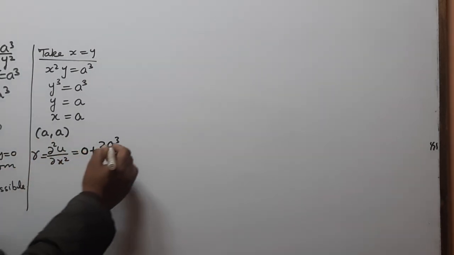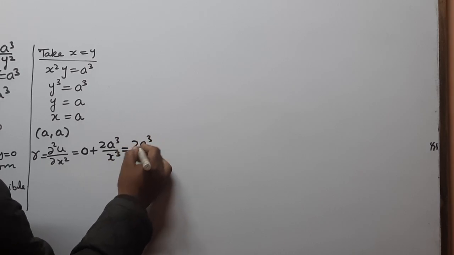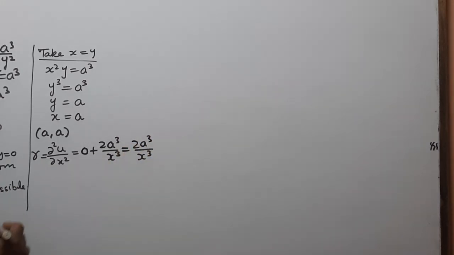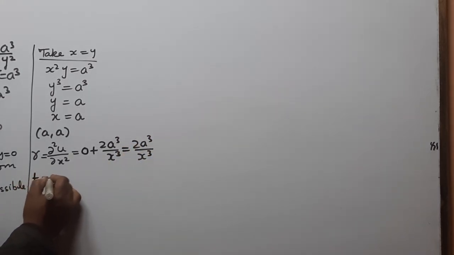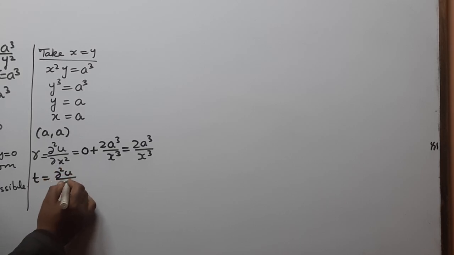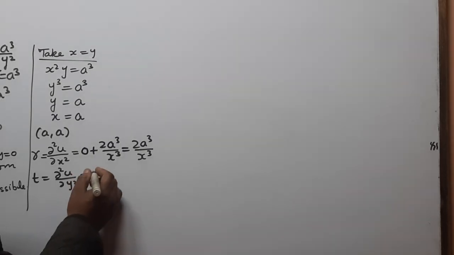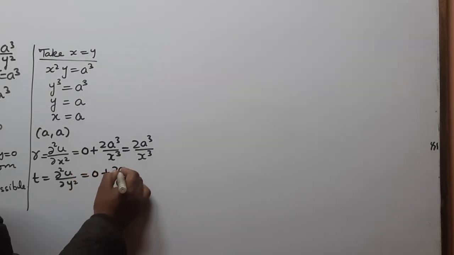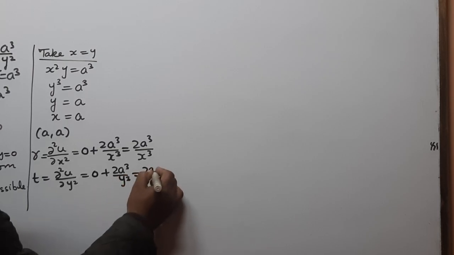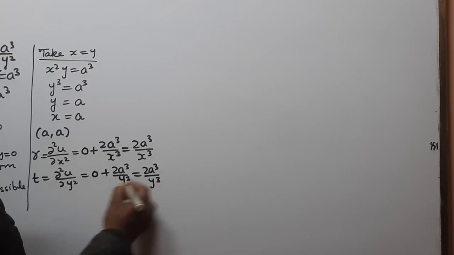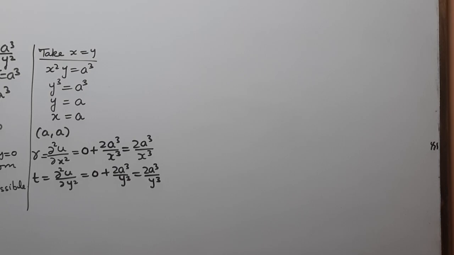So r is equal to 2a cube upon x cube. Similarly, we find t, which is equal to del 2u by del y2. When we differentiate del u upon del y partially with respect to y, we get 0 plus 2a cube upon y cube. So t becomes 2a cube upon y cube.